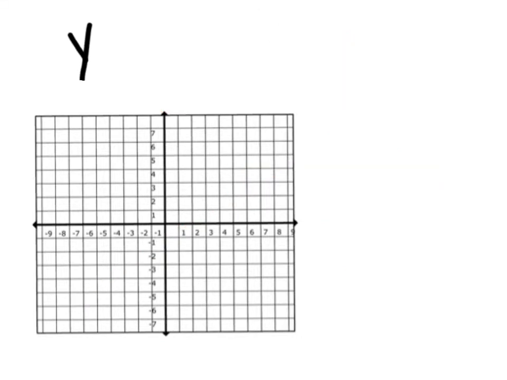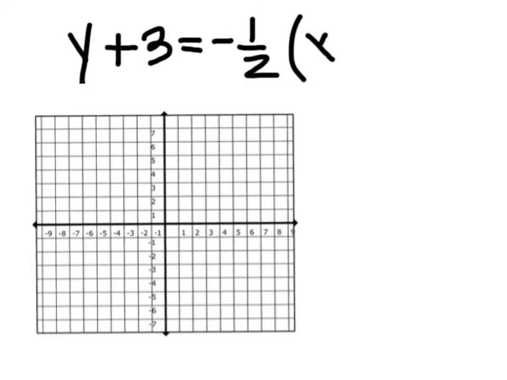Your equation is y plus 3 equals -1/2 times the quantity x minus 1. Notice you have a plus 3 here. Whenever you have a plus 3, that means that the number that's going to be coming out of it is going to be negative.